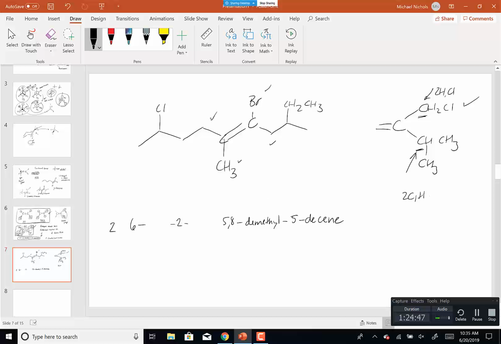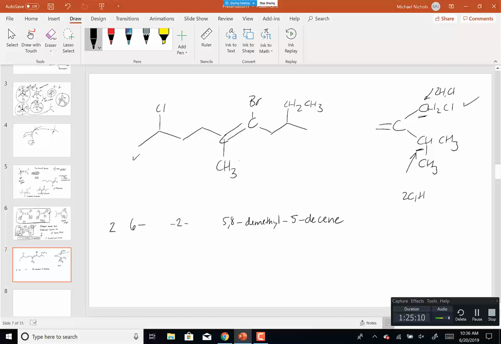Does everybody? Okay. So what was the longest chain? 10. What do you want to start with? You want to start with this carbon? Without numbering, let's just determine the longest chain.